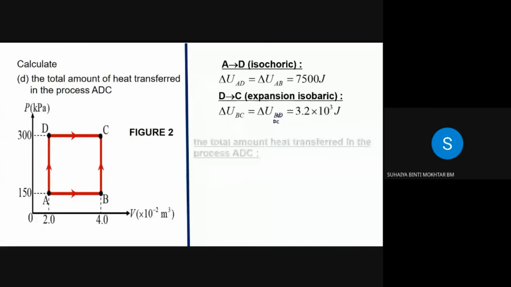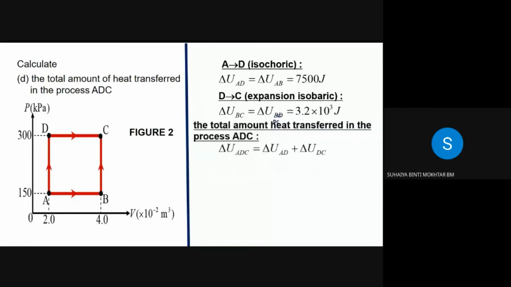ADC, so AD plus DC. So you get 10,700 joule. Tapi kita kan nak Q, bukan delta U. So nak Q, use what? First law thermodynamic lah. Q equals delta U plus W. So kita nak ADC, kita direct je guna ADC.